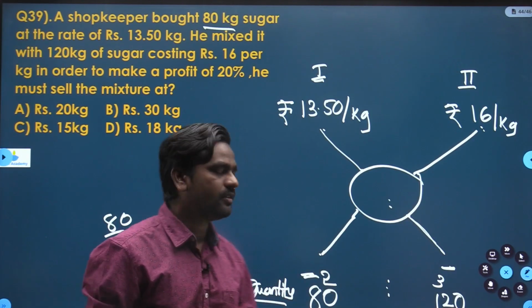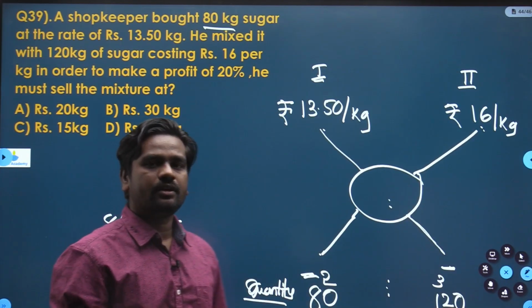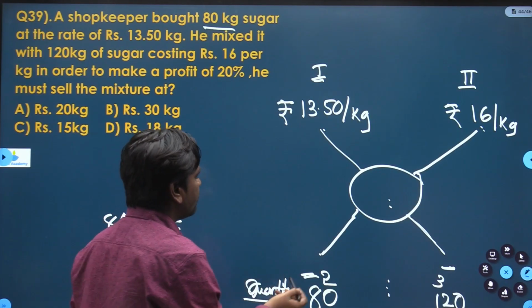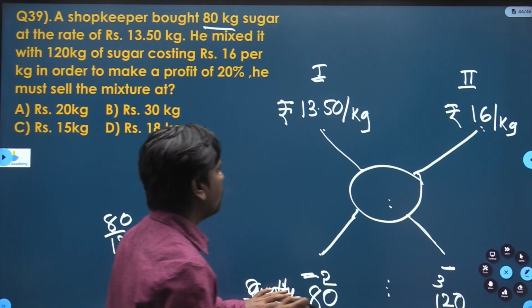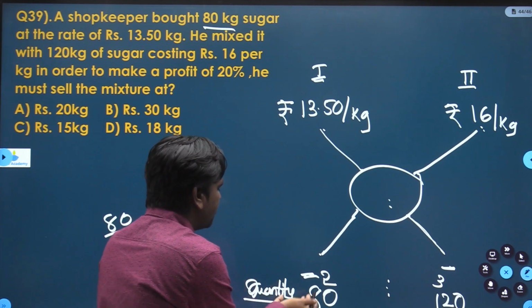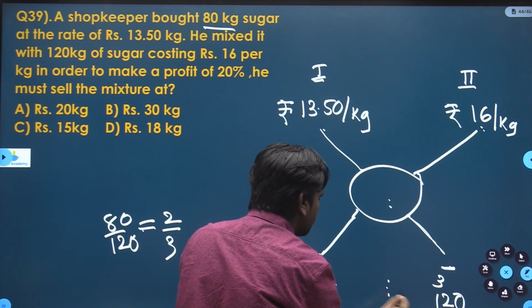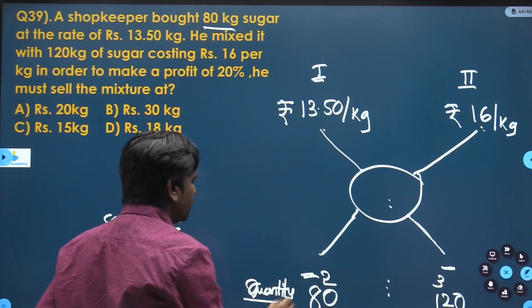The first quantity is 80, the second is 120, so the ratio of 80 to 120 is 2:3.